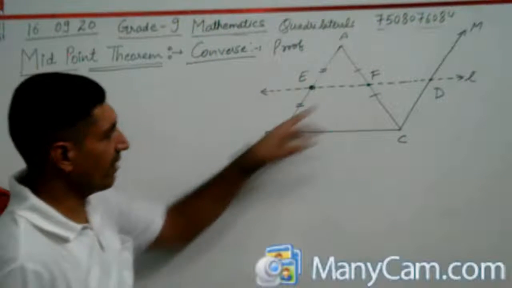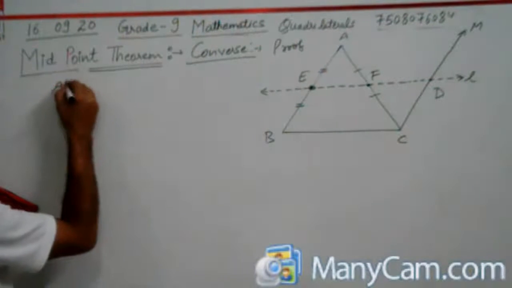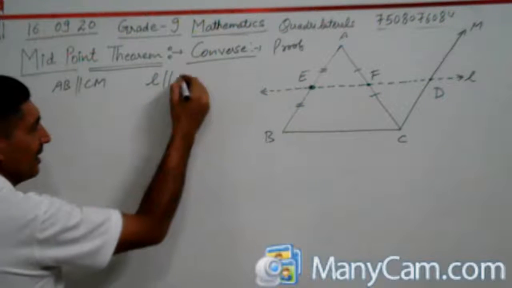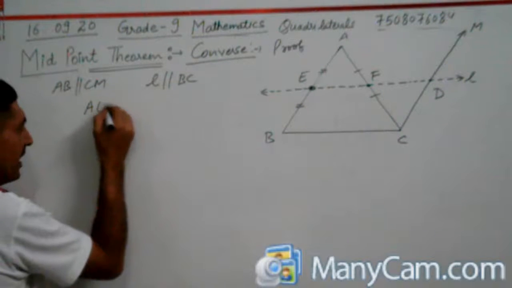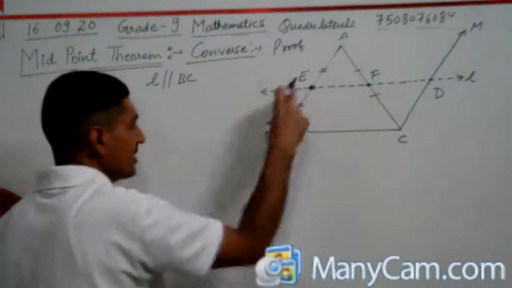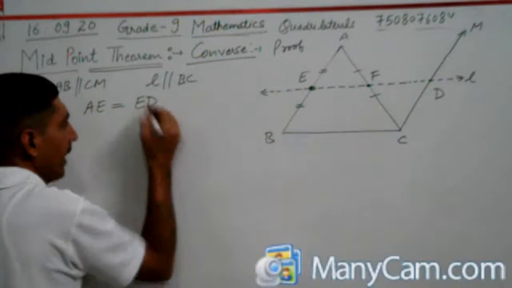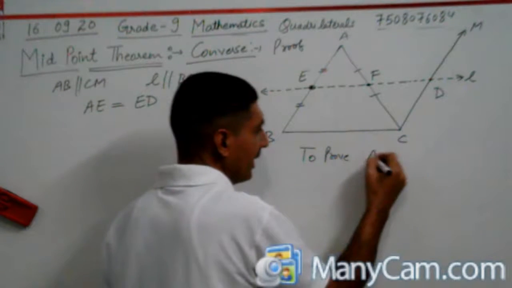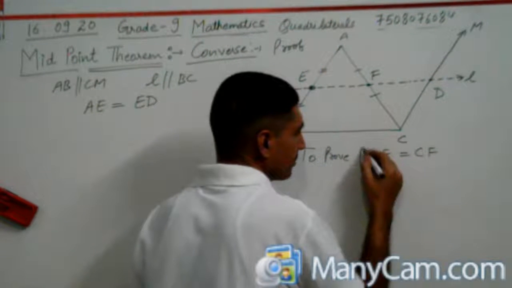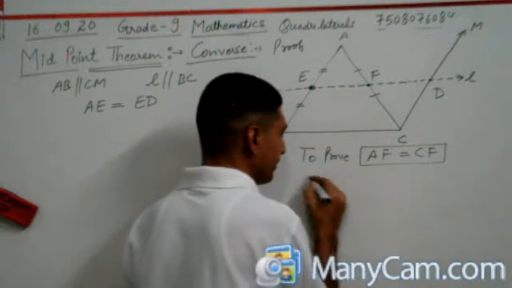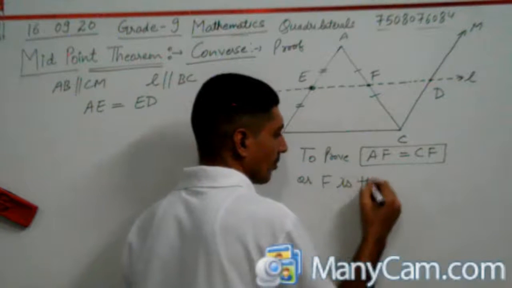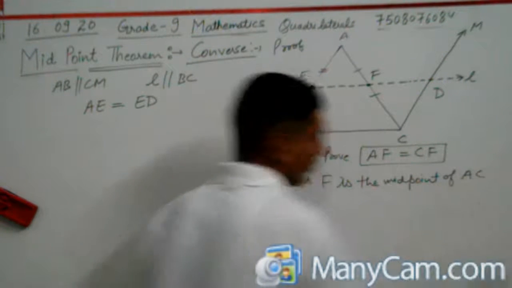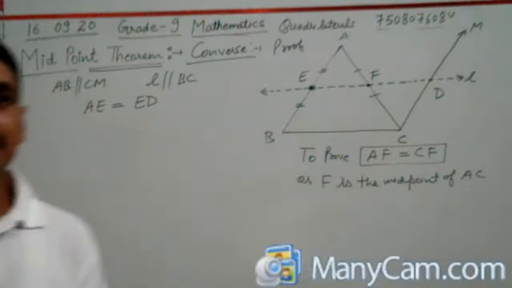By construction, we have drawn AB parallel to CM. Already line L is parallel to BC, and AE is equal to EB. We want to prove that AF is equal to CF, or F is the midpoint. This is the converse of the midpoint theorem.